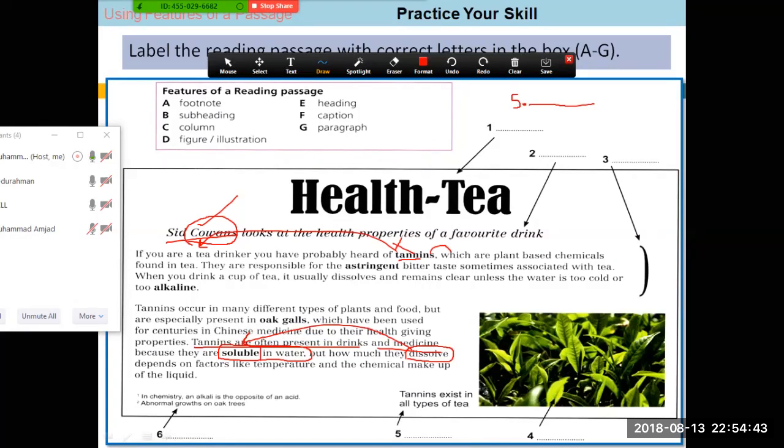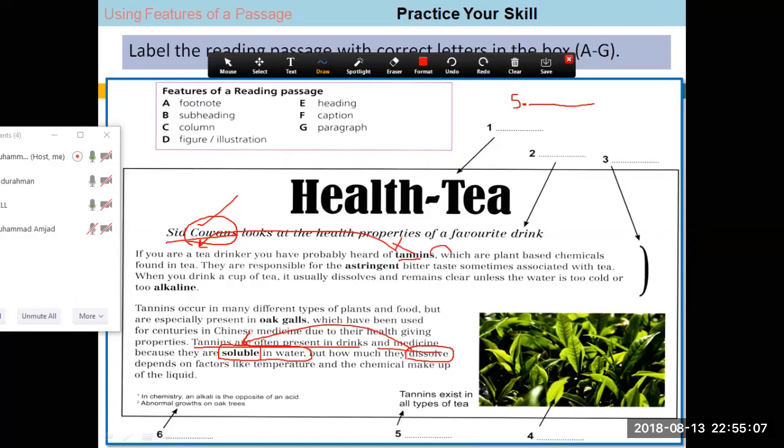Whenever you find a difficult word, don't be scared of it. Don't waste your time on its pronunciation. Don't waste your time on understanding it without looking at the next text. Why? Because either you will not require that difficult word at all in any of the questions.